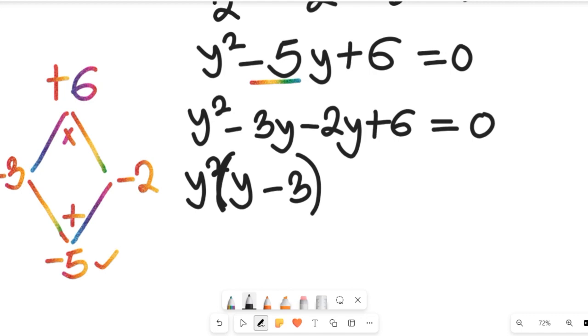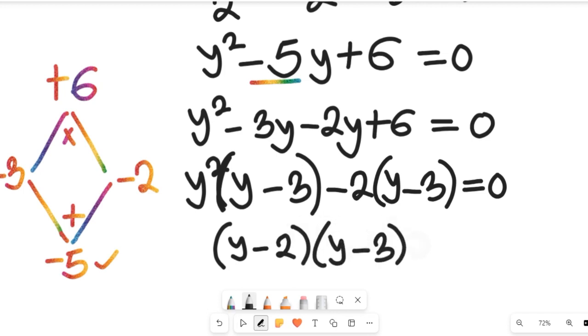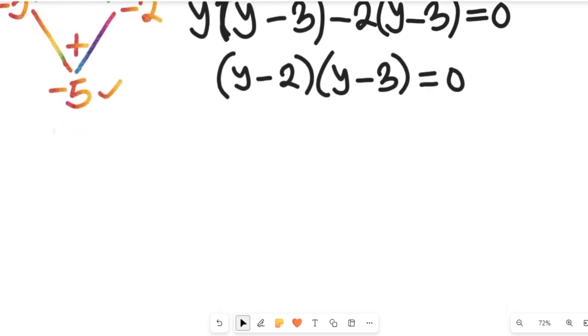And 2 is common because 6 divided by 2 will give us 3. So we'll have minus 2, and then our y minus 3, and this will be equal to 0. Great. So we'll have y minus 2, and then y minus 3, equal to 0. From here, I know you can simplify this further.